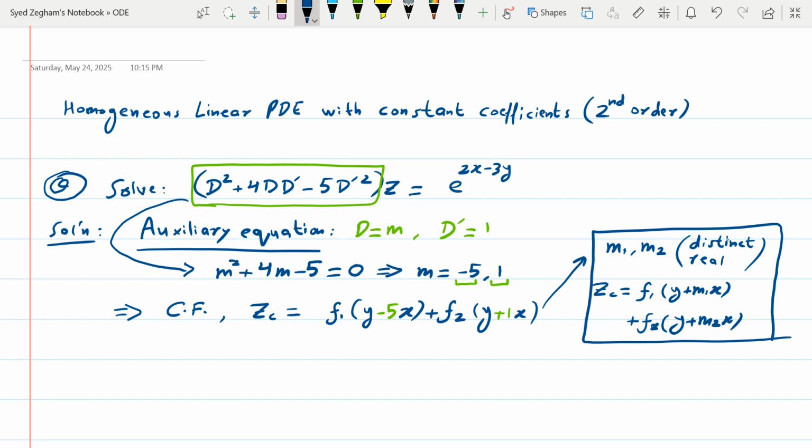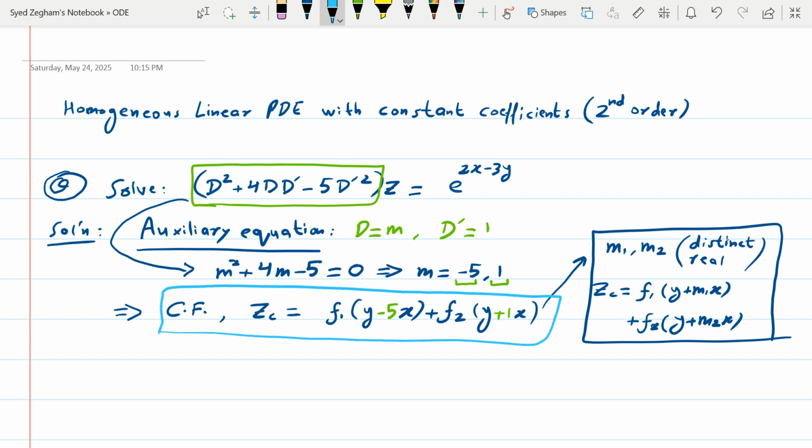So you have obtained the complementary function. One part of the question is done, where we calculate the complementary function. So this is done. Your complementary function Zc is equal to f1 of y minus 5x plus f2 of y plus x. Okay, this is done. Now the second part.